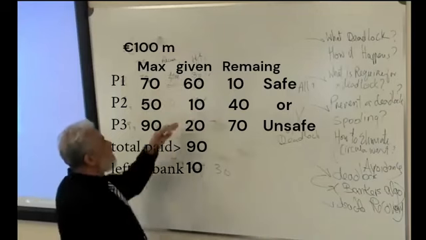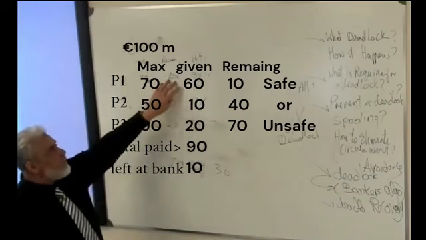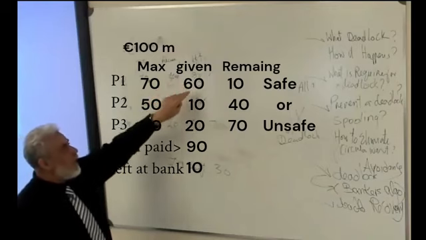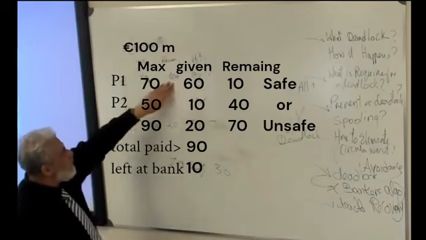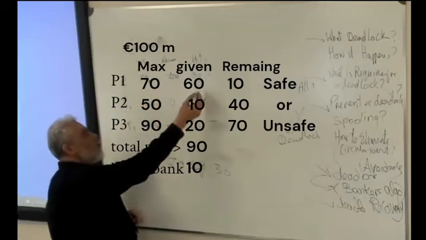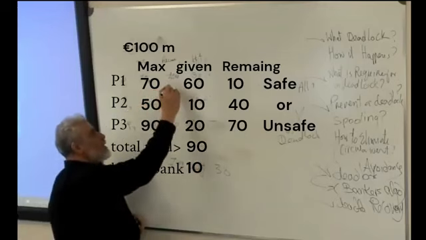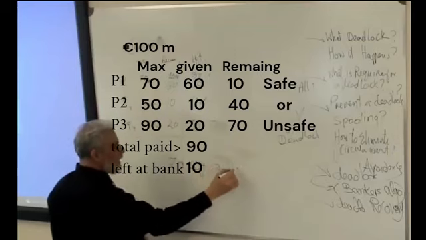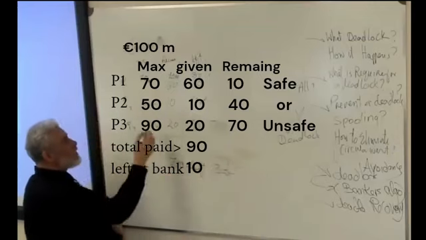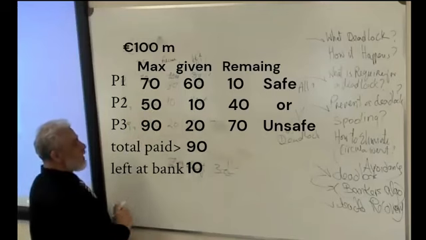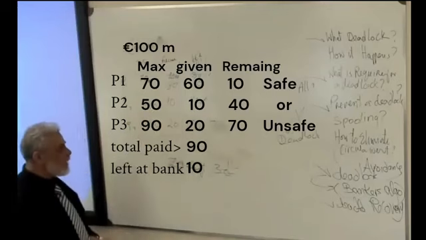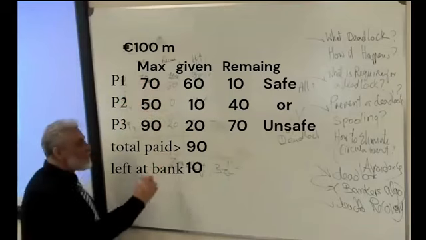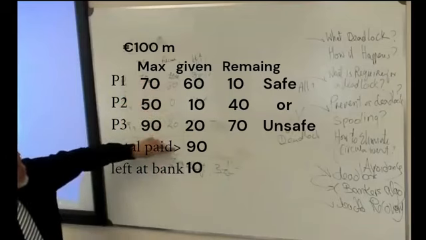We gave him 40 in the past, and if we give them another 20, that will be 60 out of the 70. So we paid 60, 70, 90. Okay, do you get this?